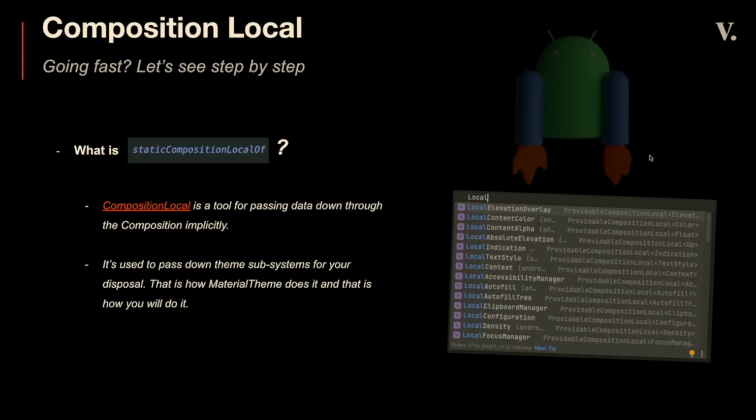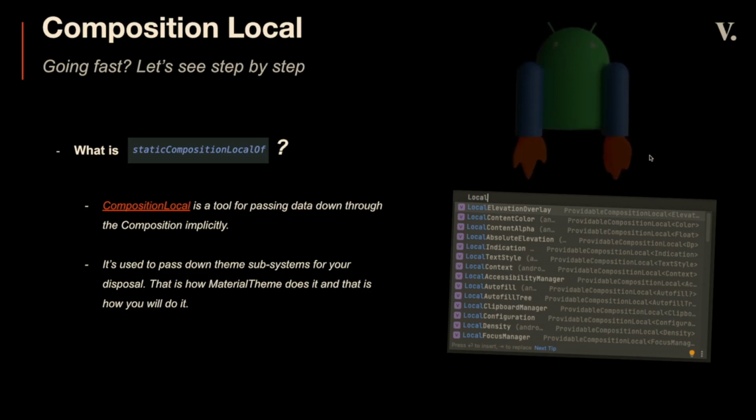So composition local is a tool for passing data down through the composition implicitly. In our case, it's used to pass down theme subsystem for the disposal of the composables under that theme. So it is also like that we can, for example, get the Android context by simply calling local context.current anywhere inside the composable code.